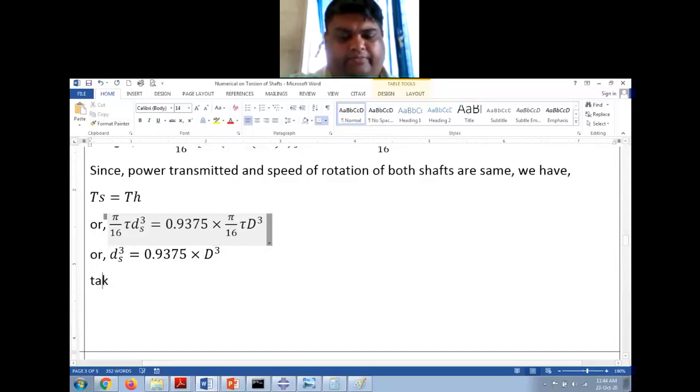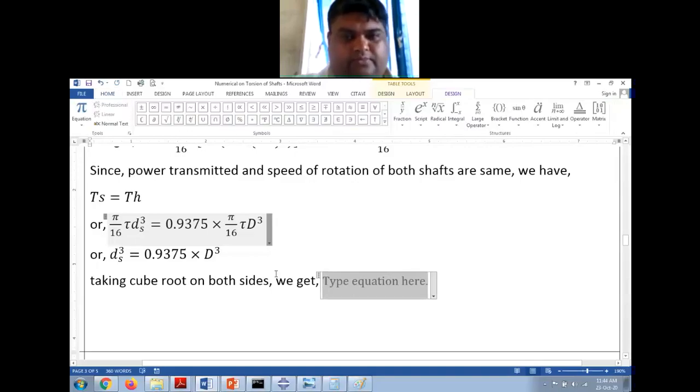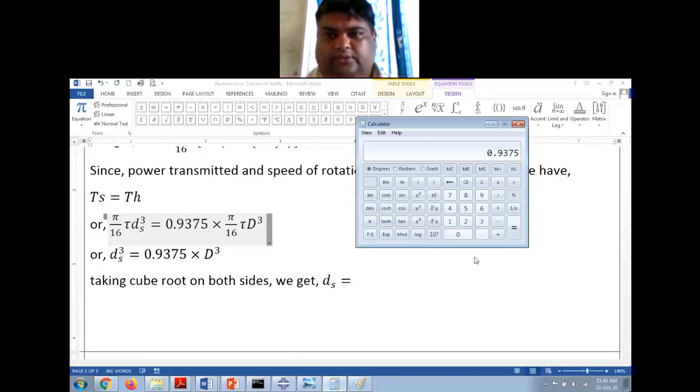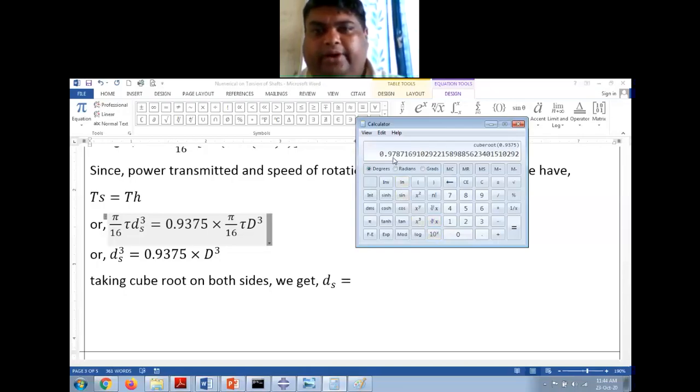Now taking cube root on both sides, we get ds is equal to cube root of this. The cube root of 0.9375 is 0.978717.